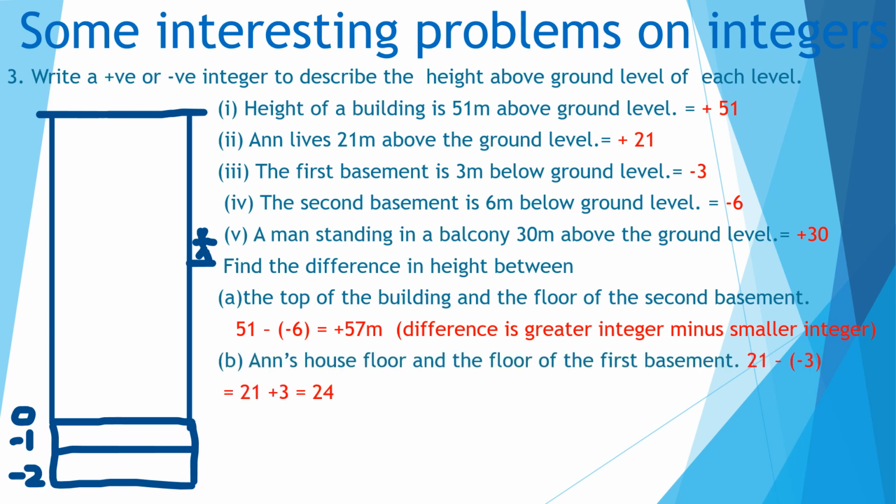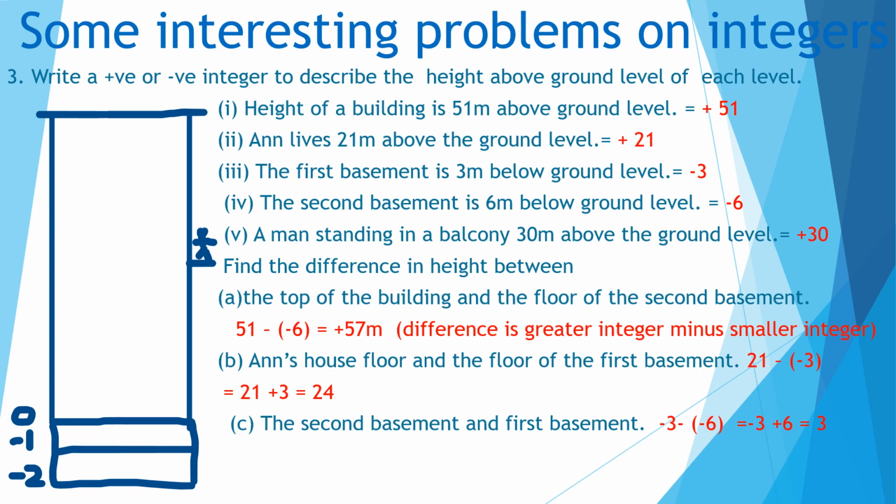Anne's house floor and the floor of the first basement. So Anne is at plus 21 and the first basement is minus 3. So 21 is the bigger integer. Minus 3 becomes plus 3 and we get 24. The second basement and the first basement.